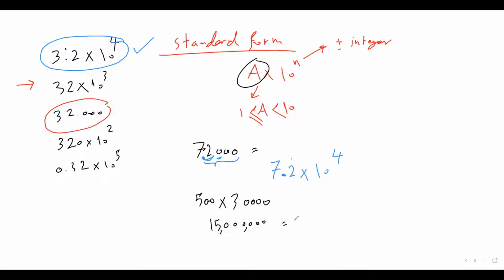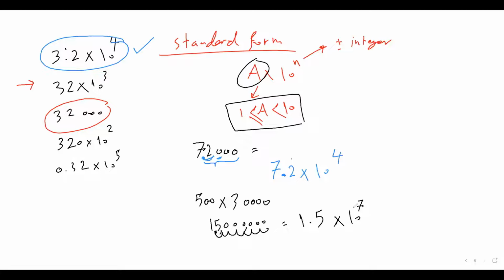So I need to put the position point between 1 and 5 because 1.5 is between 1 and 10, right? So once you find the A, then worry about the 10. If the position point is here now, then I have to move it forward. How many positions? That would be 7, right? So that would be plus 7 up here.